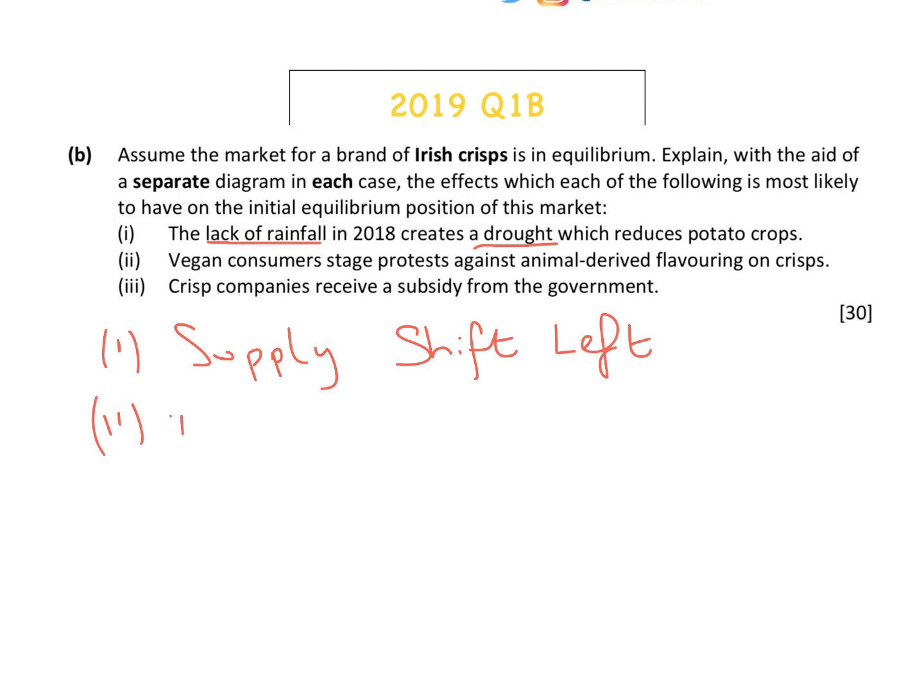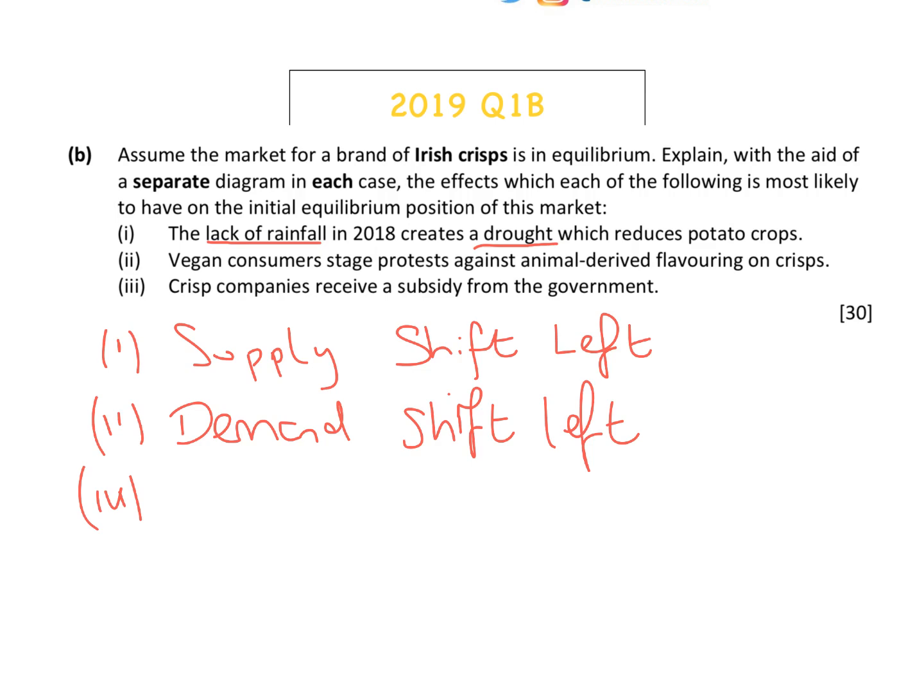So that is demand, and it's a change in consumer taste, basically. So that point affects demand, and that is going to cause demand to shift left because less people are going to buy it due to that protest.